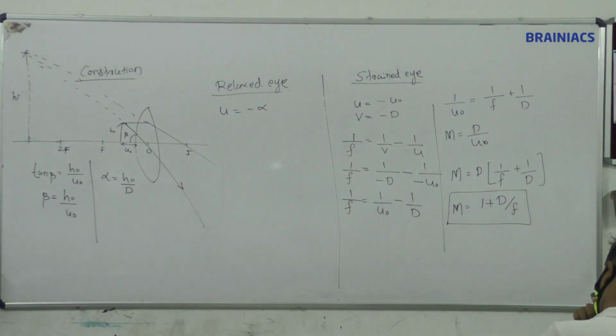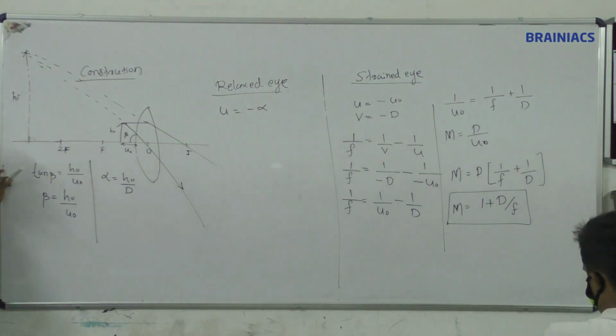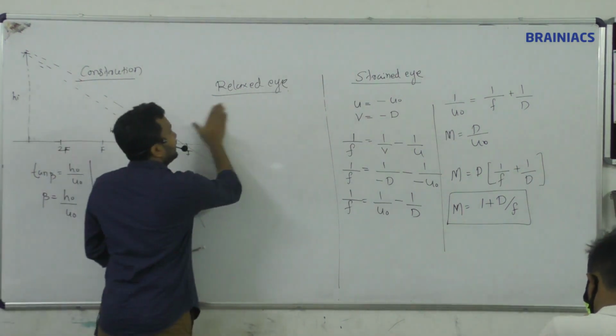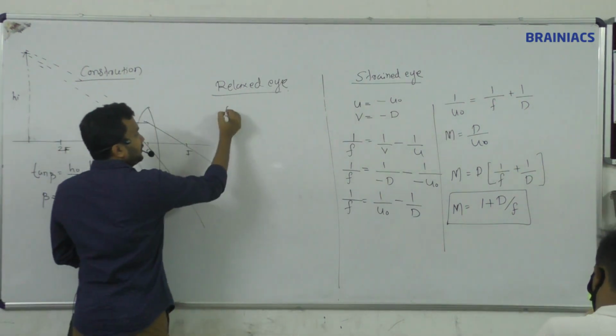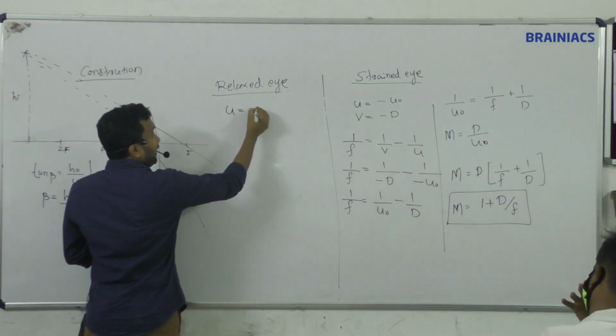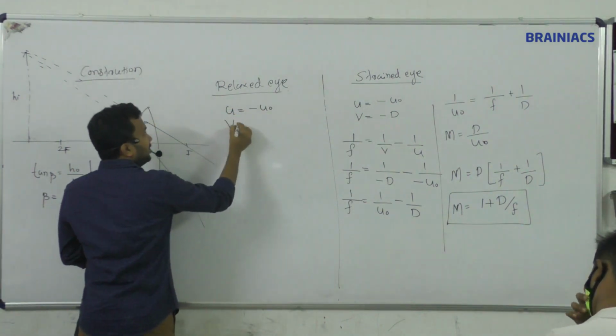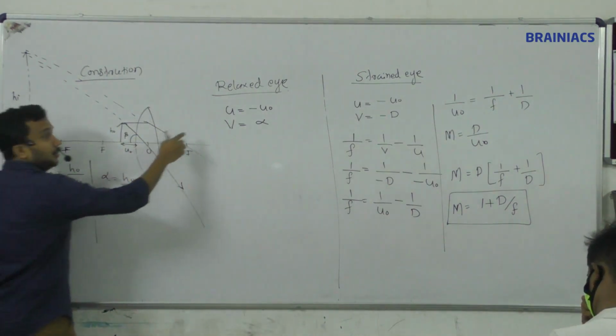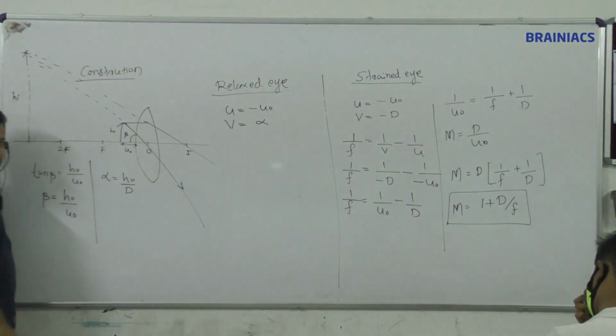Within relaxed eye, maybe you can write one sentence: I will not strain much. That's the question paper's words. The object is at infinity. The image is fixed; I don't know where it is formed, and you are not bothering about the image.